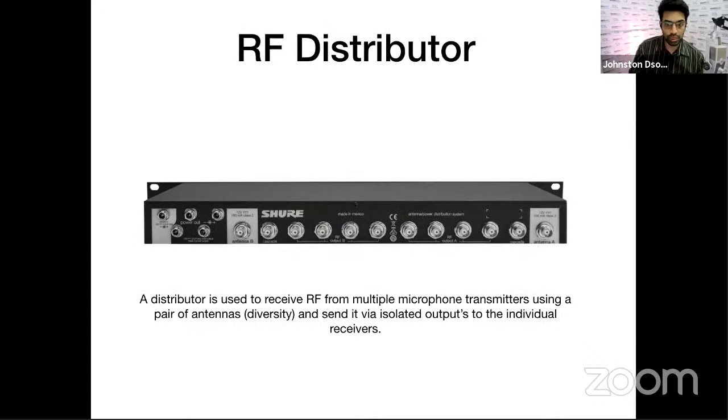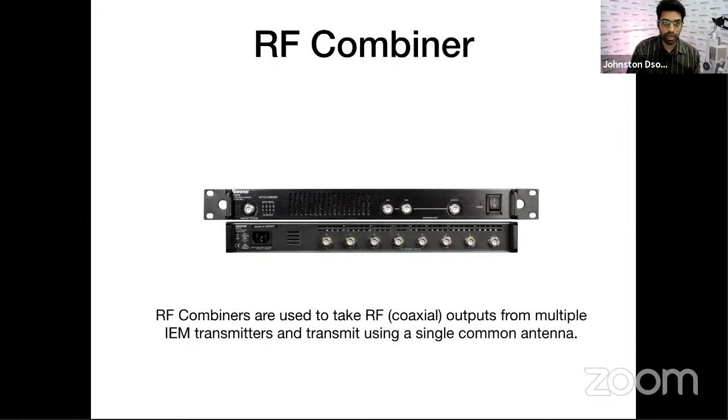In the distributor, you're taking RF from transmitters and putting it onto coaxial and giving it to receivers. In combiners, you're taking RF from coaxial and transmitting it over to receivers via wireless. Do you get the difference?